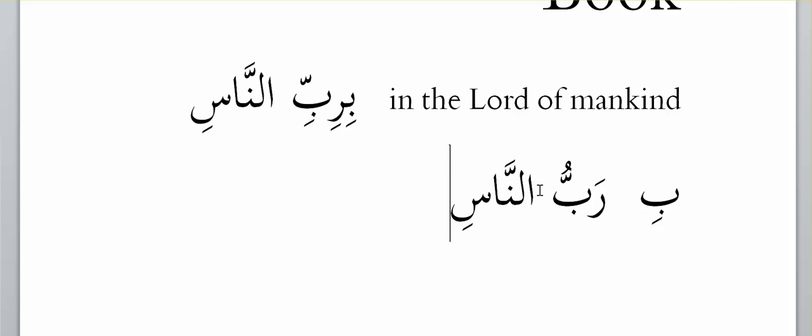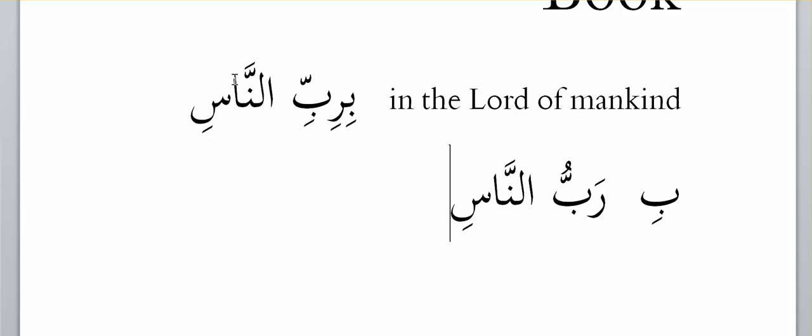So if I were to ask you, in the word bi Rabbin Nas, where does the shadda on An-Nas come from? Very good. It comes from the alif and lam because noon is a sun letter. Where does the kasra come from? Why do we put a kasra on An-Nas?